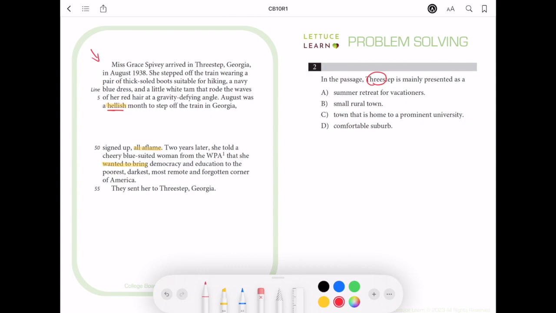Meaning, we can comfortably cross out summer retreat and comfortable suburb. We also remember that 3-step was mentioned halfway through in line 55, where it says, the poorest, darkest, most remote, and forgotten corner of America. Yikes. At least that tells us that it has to be a small rural town. Moving on.